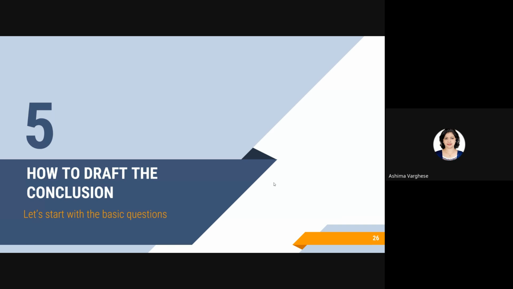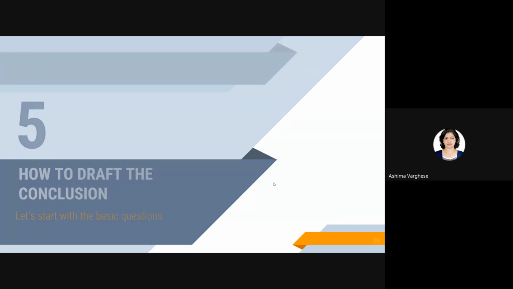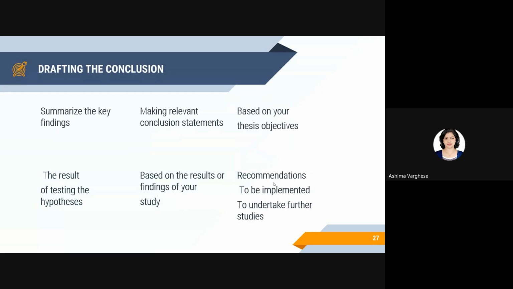So what will the conclusion section or chapter include? Let's understand that. While drafting the conclusion, you should be able to summarize the key findings. Whatever the important findings are, you are supposed to highlight the main results and summarize them without going into detailed interpretation, because we have already mentioned these things in the discussion or results section.